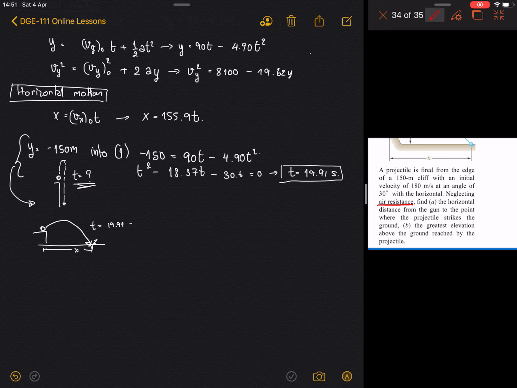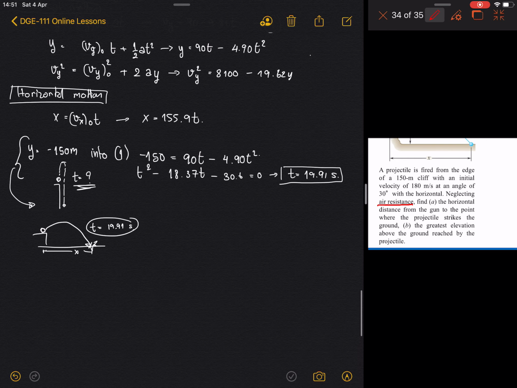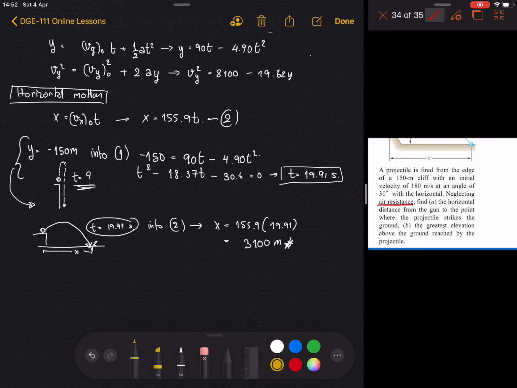Then you can just plug this time into the horizontal formula here, equation 2, and you get x equal to 155.9 times 19.91, and in the end you get 3,100 meters. Quite long, huh? And here is the answer for the first question.